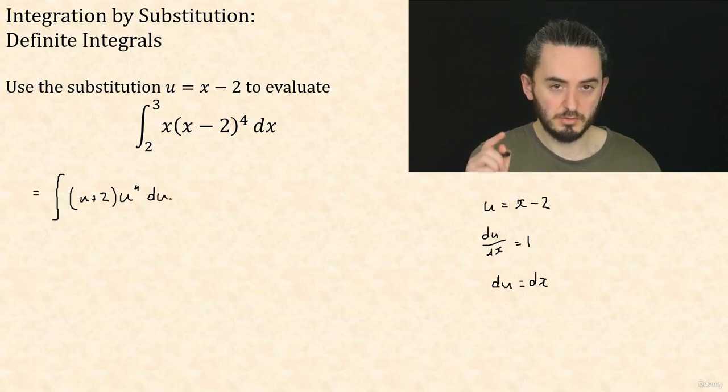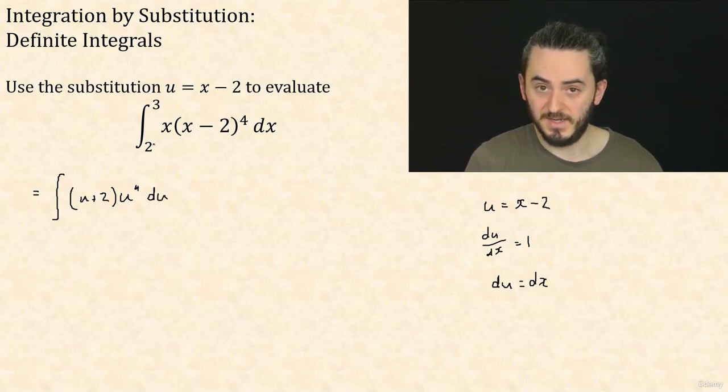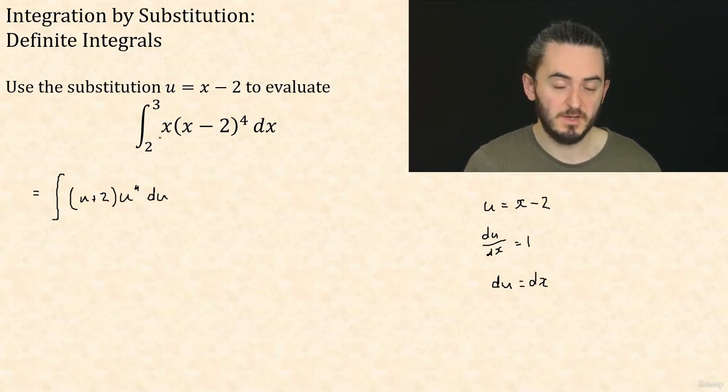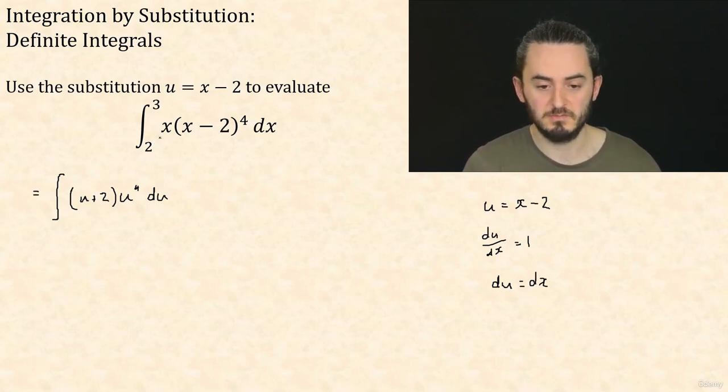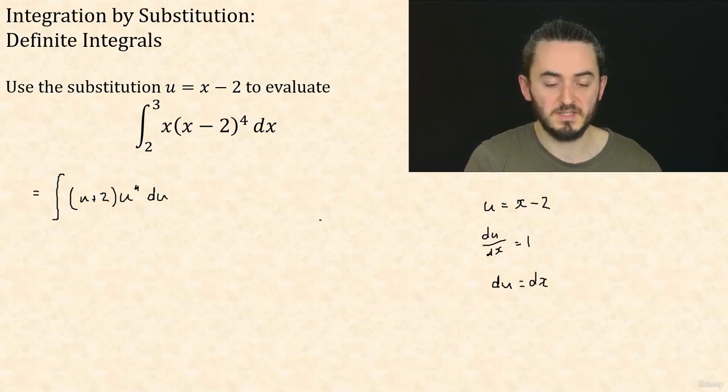Now, here is the crucial point. Our limits were x values, and we need to convert them to u values. So this is the crucial step. You need to think, what would u be when x is 3? What would u be when x is 2? So when x was 3, what's u? Well, u is just whatever x was minus 2.